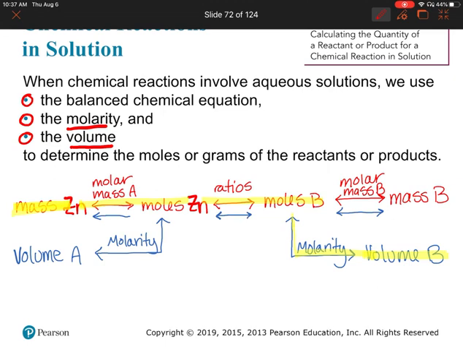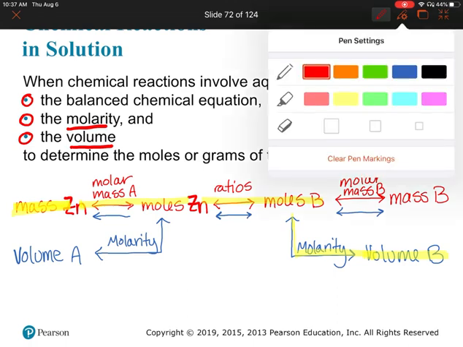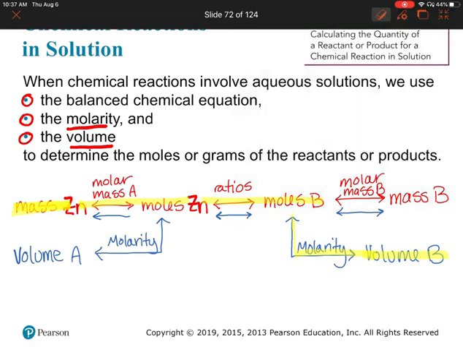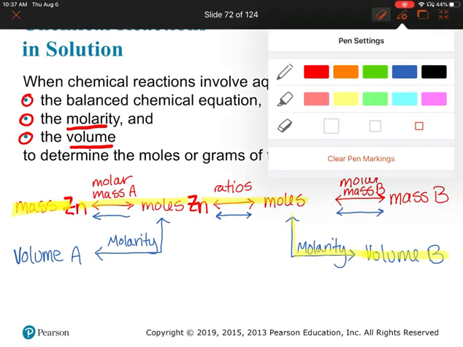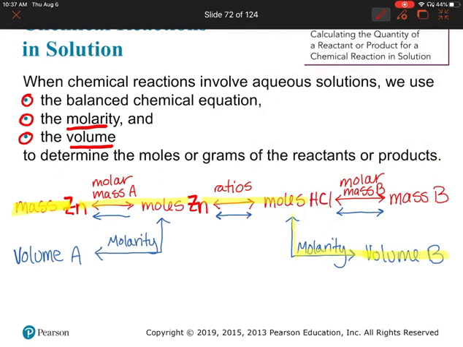Then we convert that to moles of hydrochloric acid using the ratios from the balanced chemical equation. And then we convert that to a volume of HCl using the concentration of the solution, or the molarity.